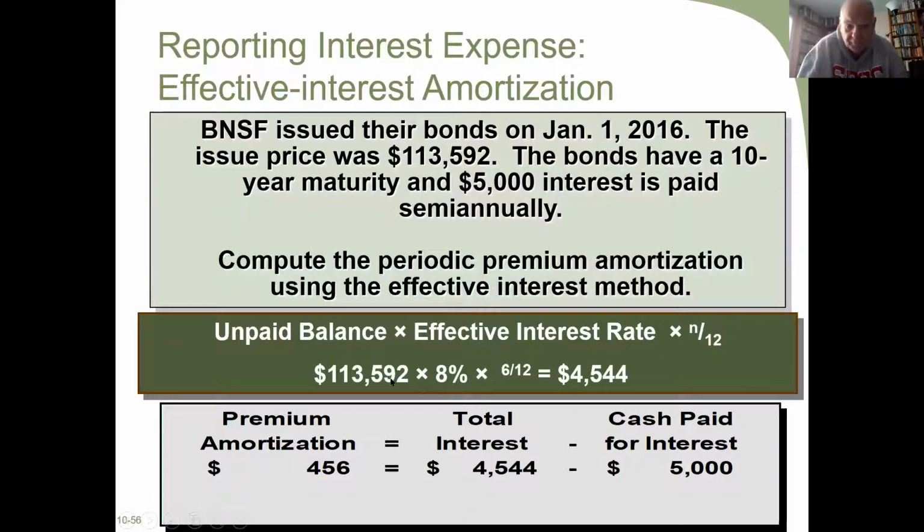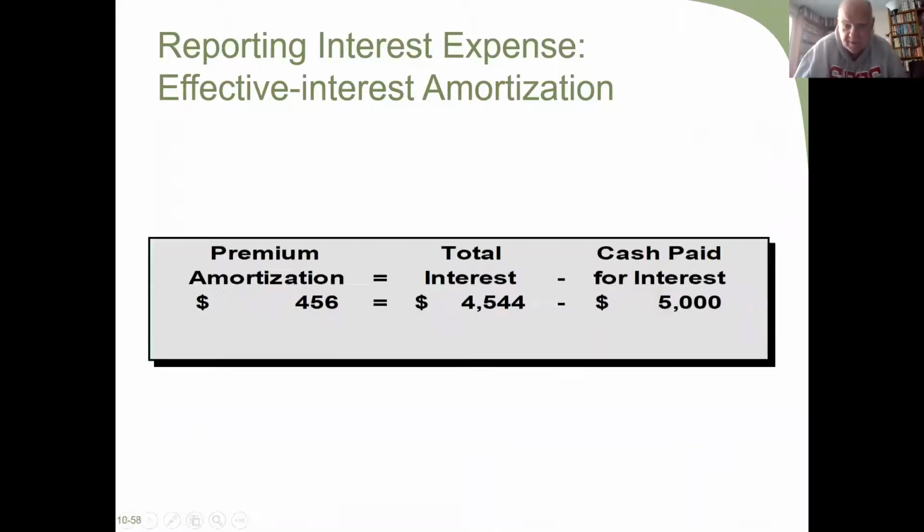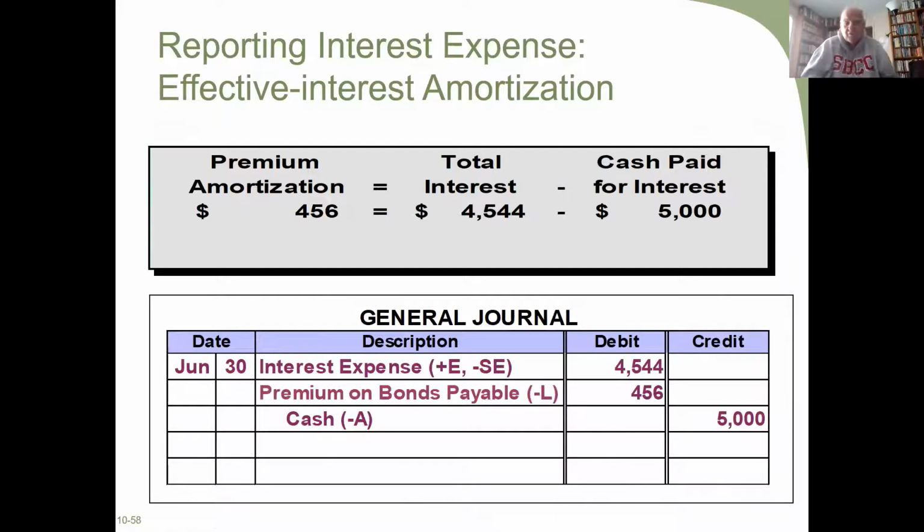So you got 113,592 times 0.08 divided by 2. Hence the lower interest expense, okay? Because this isn't really interest expense. It's really interest income, if you think about it. We just need to show it as an expense there, okay?